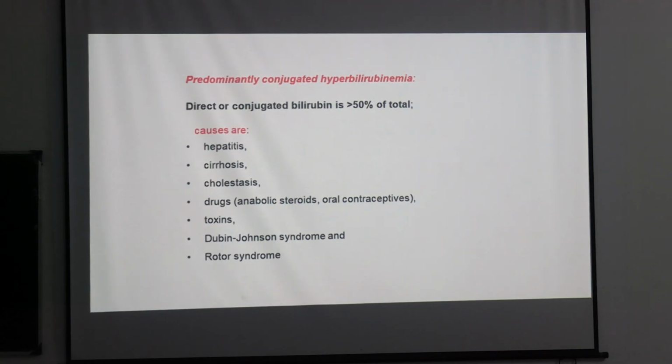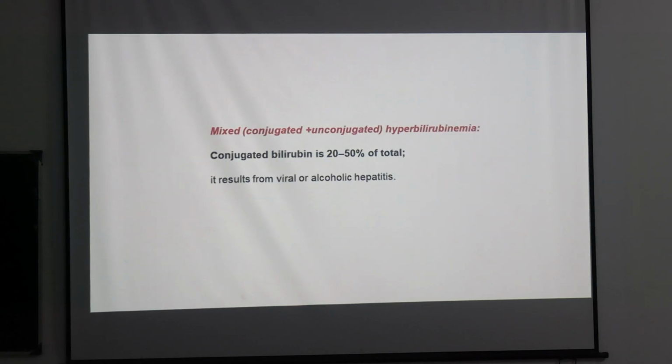Predominantly conjugated hyperbilirubinemia causes: hepatitis, cirrhosis, cholestasis, drugs, toxins, Dubin-Johnson syndrome, Rotor syndrome, and mixed hyperbilirubinemia. Conjugated bilirubin is 20 to 50% of total. It results from viral or alcoholic hepatitis.